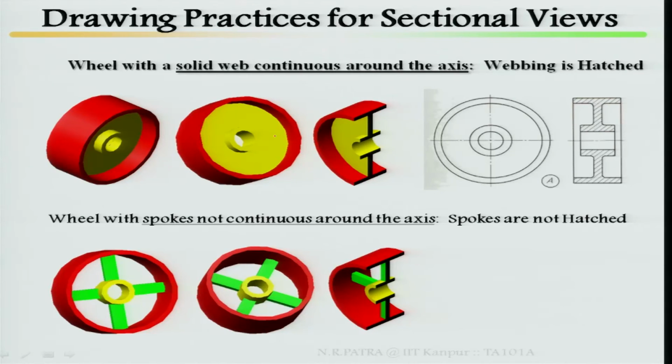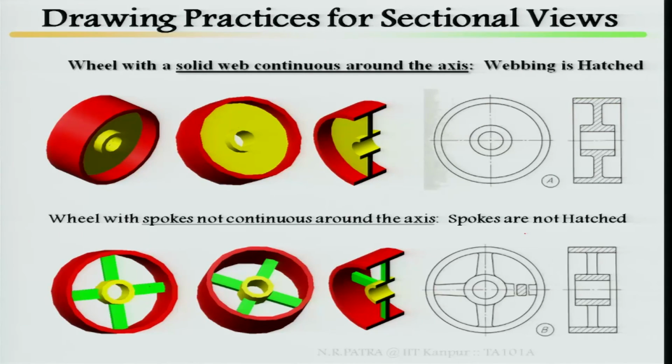With spokes, which are not continuous around the axis, they have been put here, here, here and here, not continuous throughout, so in that case spokes are not hatched. When web or spokes are continuous around the axis, hatching is required. If it is not continuous, hatching is not required. Look at the difference.